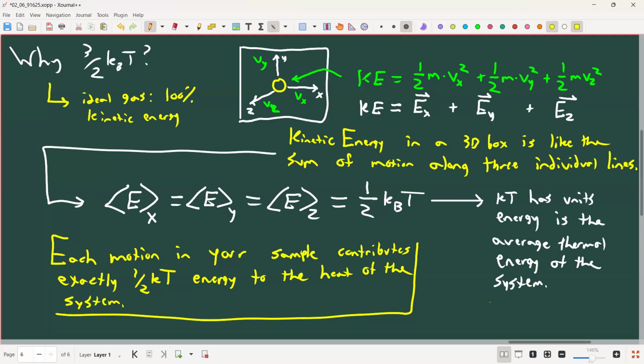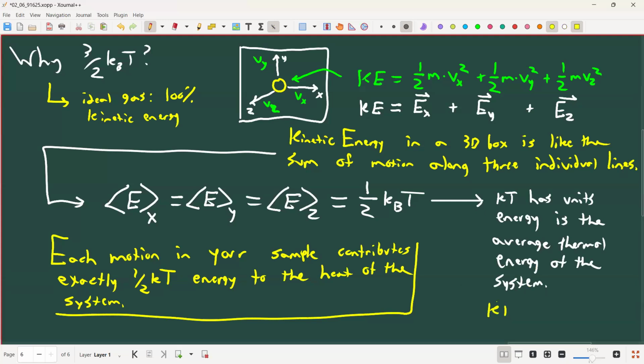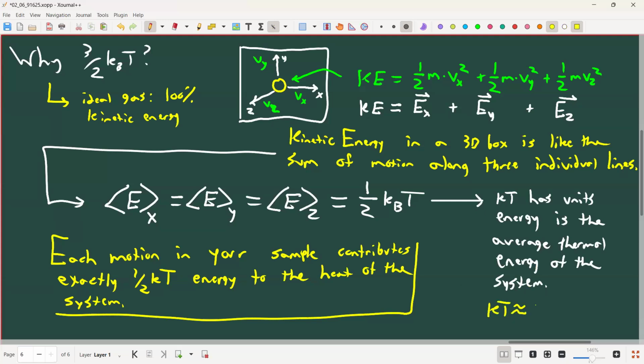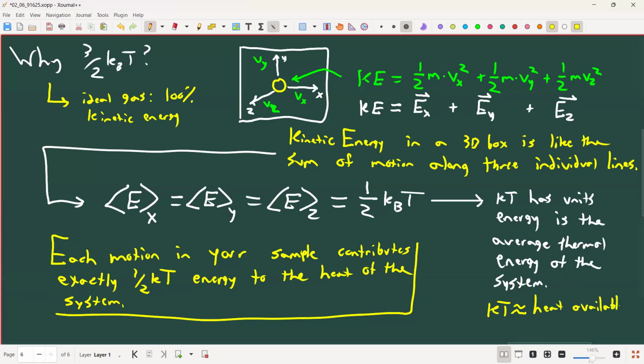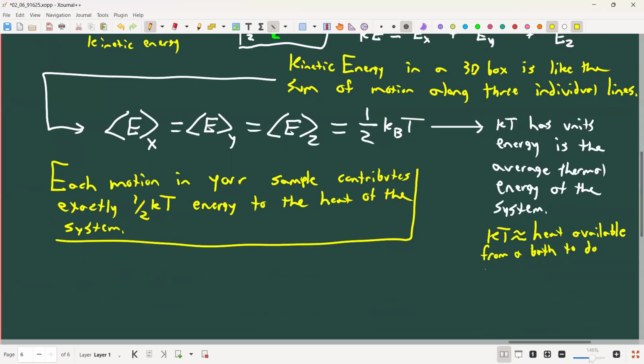So in some sense, kT is the heat available from a bath to do useful work, say chemical work or physical work. So if you heat your bath up to 300 Kelvin, the amount of energy your system has from that bath to use is on the order of kT. Okay? That's how much energy temperature gives you.